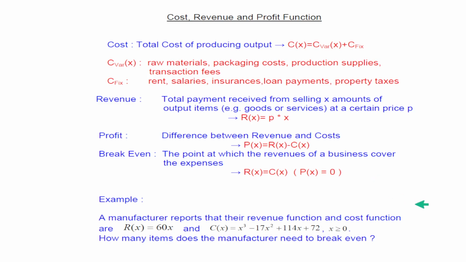Let's make an example. A manufacturer reports that their revenue function and cost function are R of X equals 60 times X and C of X equals X cubed minus 17X squared plus 114X plus 72.